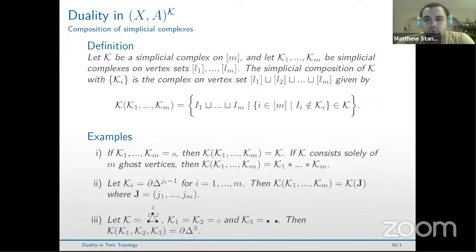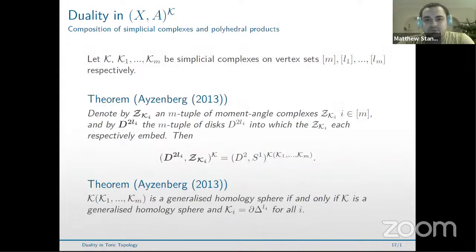Okay, so exactly how does this composition of simplicial complexes come into the polyhedral product picture? Well, it comes in the following way. The theorem of Eisenberg in 2013 says, let K and K1 through Km be simplicial complexes on the vertex sets M and L1 through Lm respectively. Then we have the following theorem.